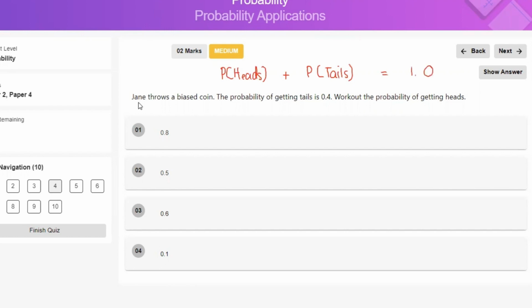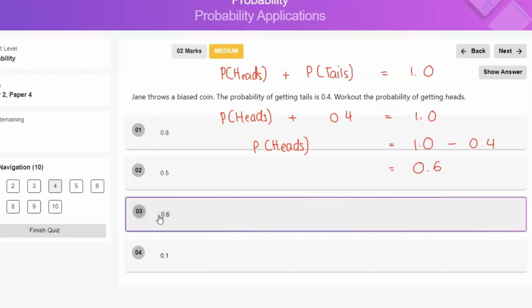In the question, we know that the probability of getting a tails is 0.4, so we can substitute that in here. And now we can work out the probability of getting a heads. That's 1, take away 0.4, giving us a final answer of 0.6. So that's our option 3 over here.